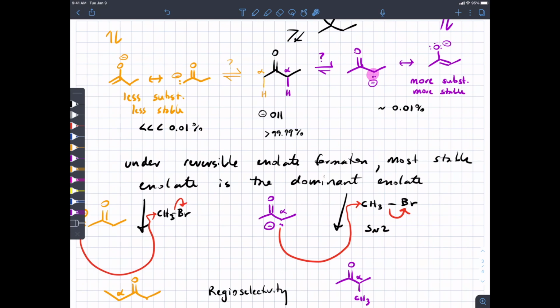So the short answer to that is that the more stable enolate is going to be the one through which the reaction goes. But I will try to answer that next time a little bit better with an energy diagram that'll hopefully make things a little clearer.